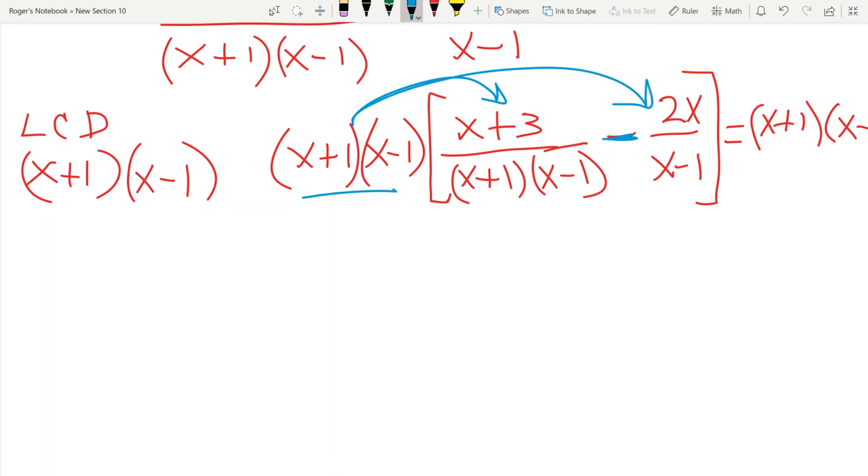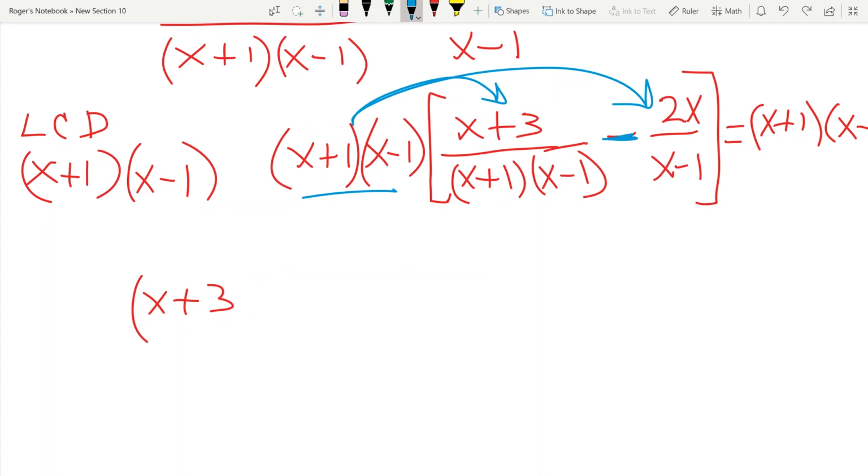X plus 1 times x minus 1 times the first term simply leaves x plus 3 because the denominators cancel out when I multiply, and I'm just left with x plus 3. So I can't cancel them yet, though, because I've got to multiply by the second term, right? I need to continue multiplying.